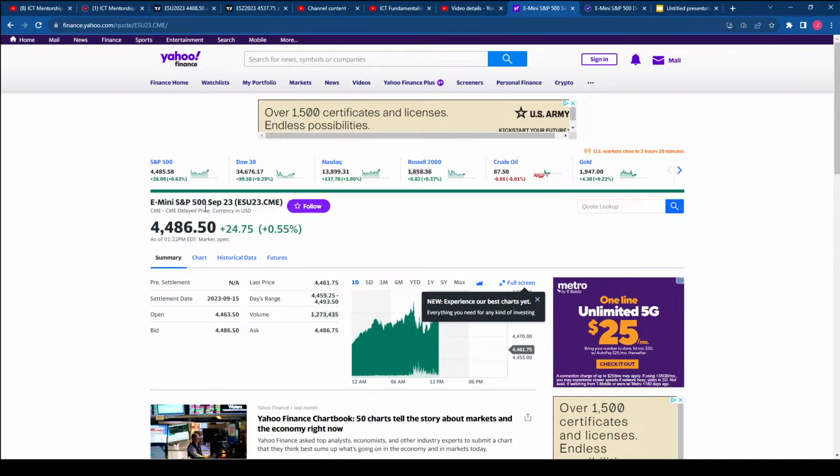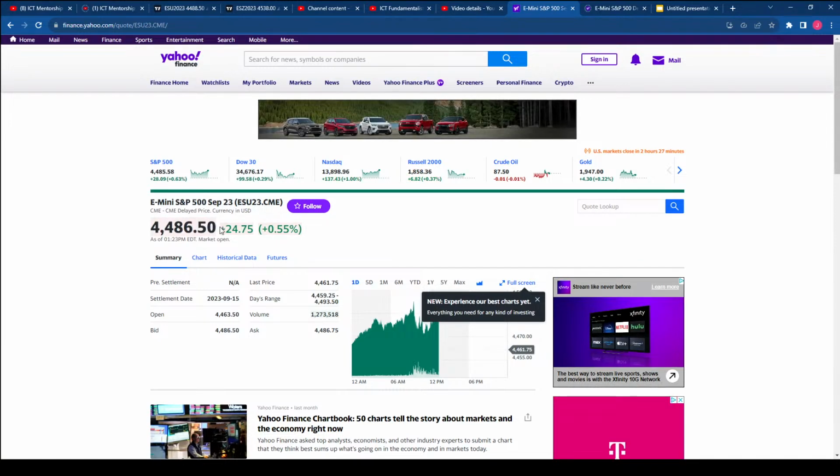On the September contract, ESU, September contract always is with a U. The U, just that third space, denotes which contract, and I'll explain that in a moment. So we have 4463 and 1273.